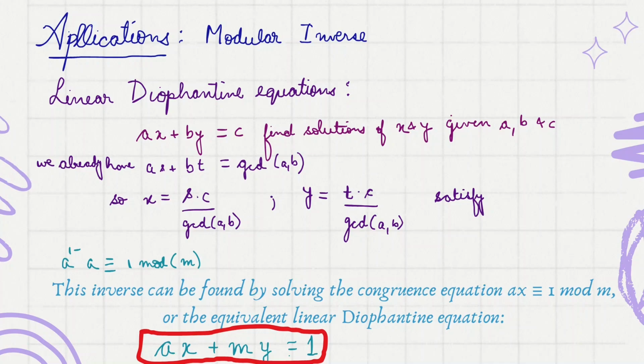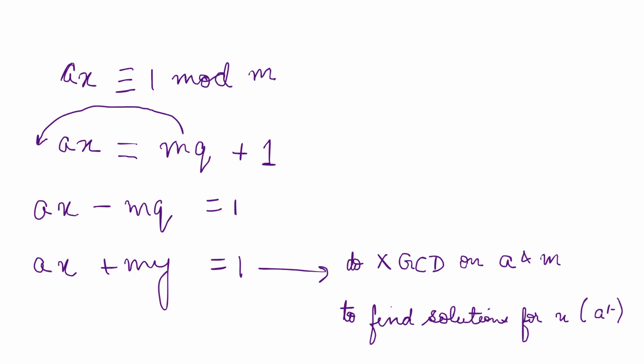Why is that? Because if you consider this expression, you're saying that ax, when divided by m, gives a remainder of 1. So ax can be written as m times q, some quotient, plus 1. Now we're just taking minus q and bringing it to this side, with y as minus q, and we're writing ax + my = 1, which is this.